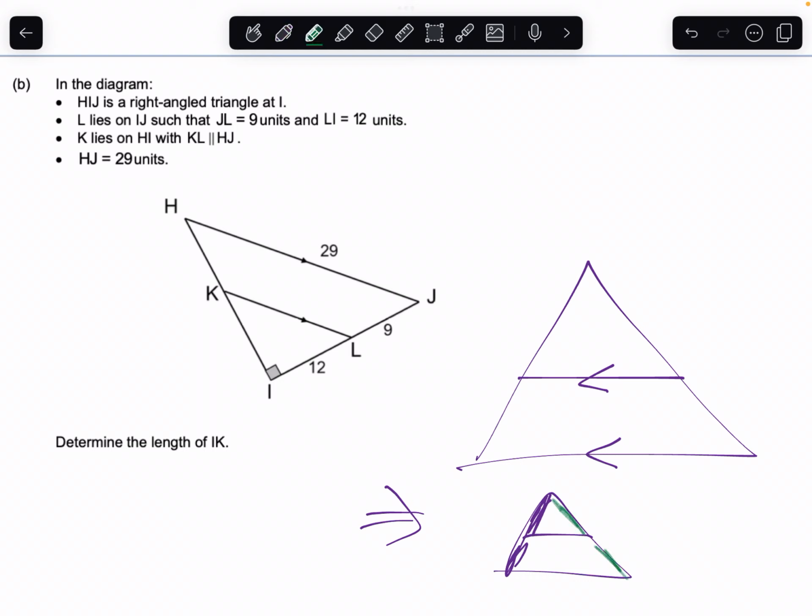I forget what the reason is called. I think it simply says line parallel to third side.